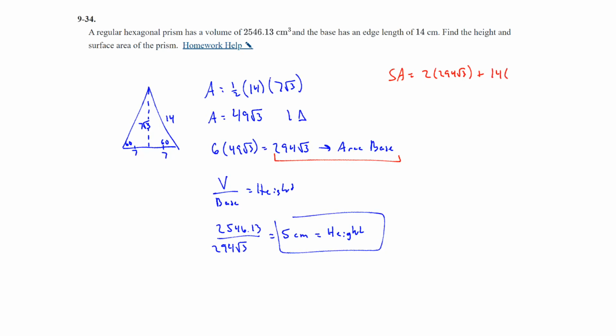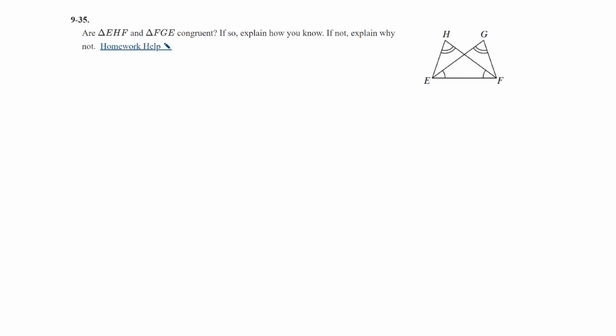So 14 times 5, and then there are 6 of them. So therefore I got a surface area equal to 1,438.4 centimeters squared. So we found the surface area, and the height we found as well.